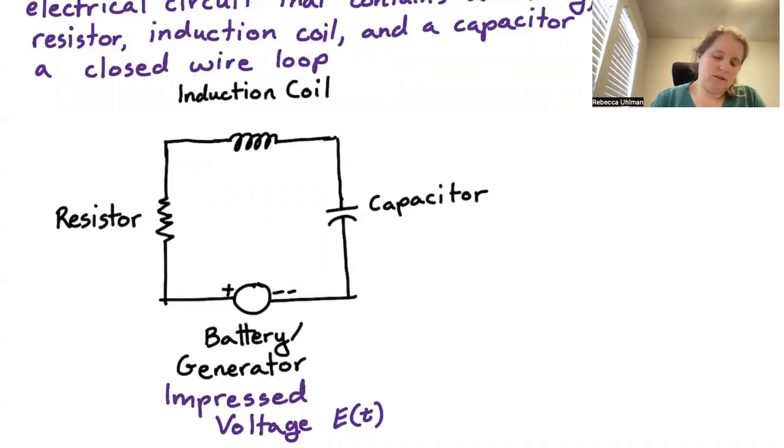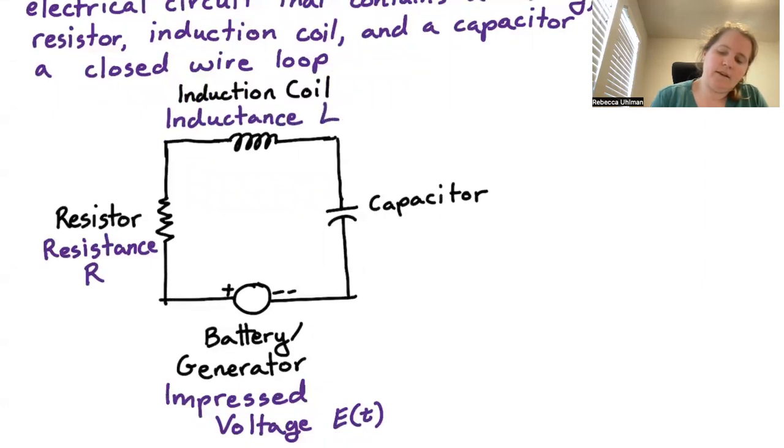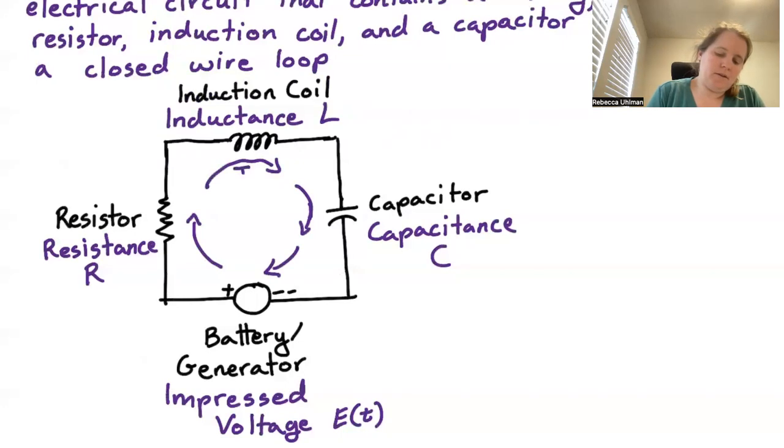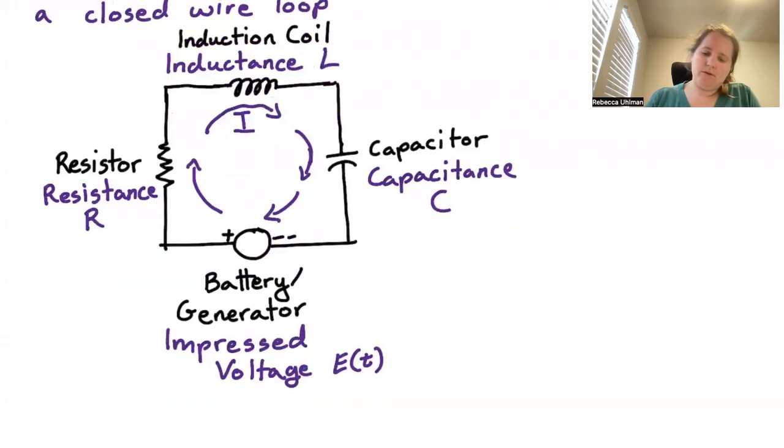We have our resistor, which provides resistance, R. We have our induction coil, which provides inductance, L. And then our capacitor provides capacitance, C. We have electrical current moving through the circuit, and the direction of positive flow will move from positive to negative. So this is our current flowing through.